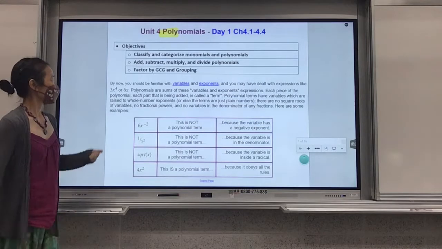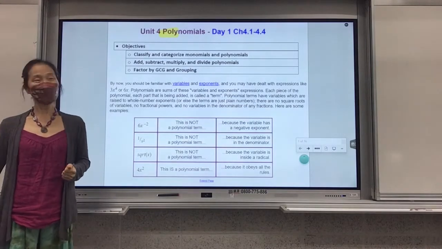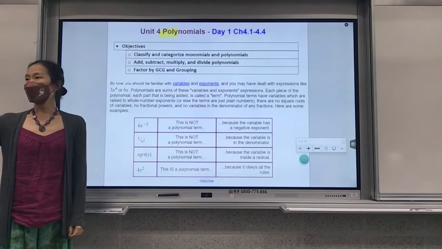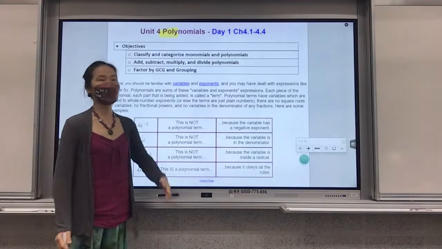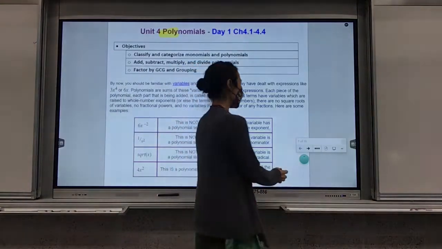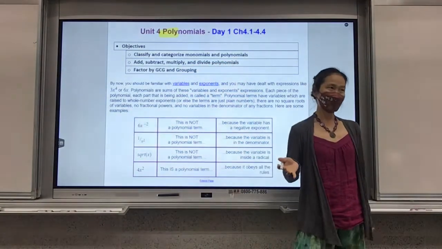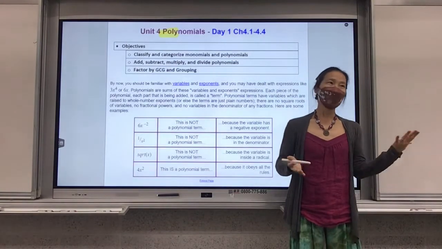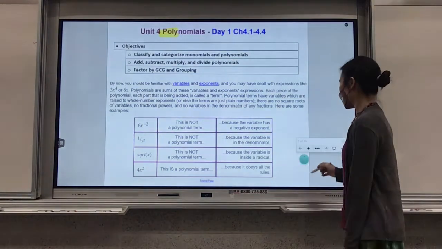So, without further ado, you guys are already familiar with variables and exponents, right? A variable could be any letter, could be x, y, everybody is familiar with, could be a, b, or v, or t.